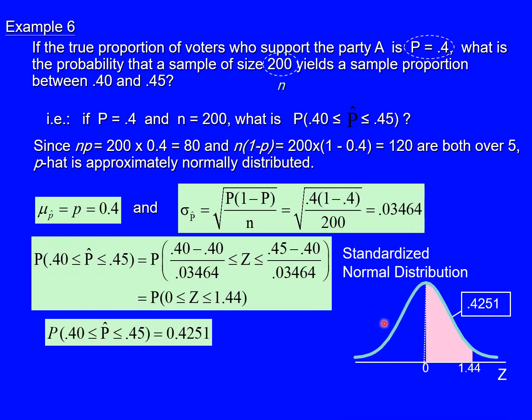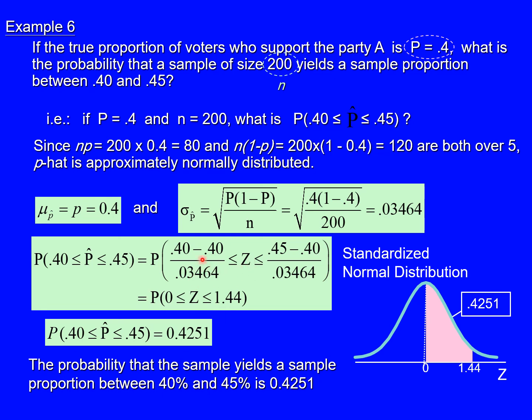Then we can calculate the probability using the normal table. Transforming to z, we subtract 40% from all sides and divide by 0.03464 on all sides. Then we get the required probability, the probability that z is between 0 and 1.44.